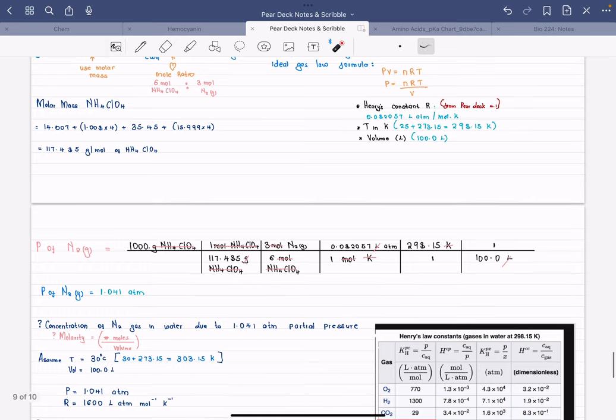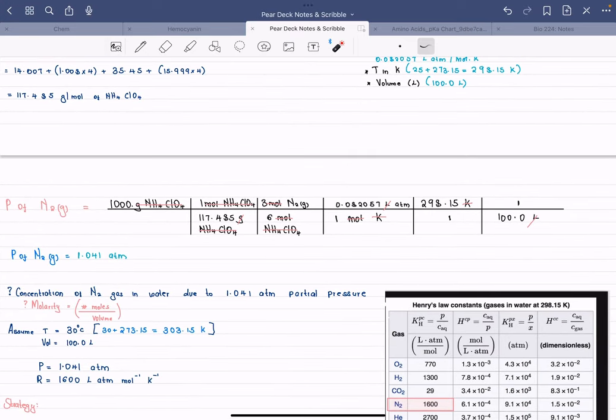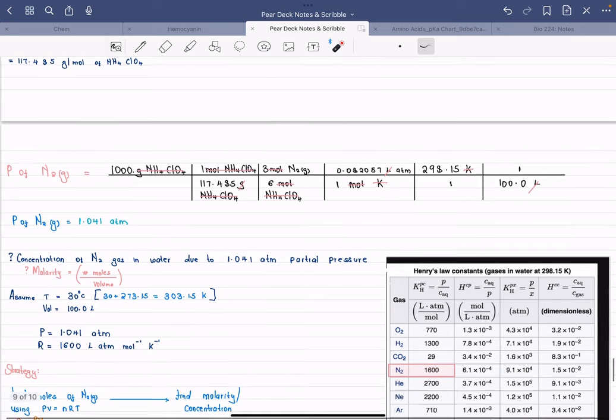And I plugged all of this into my calculator, and I got the pressure of nitrogen gas to be 1.041 atm. And you can see how I arranged my information into this table in a way that I'm only left with the units of what I'm looking for, atm. So my units cancel out.